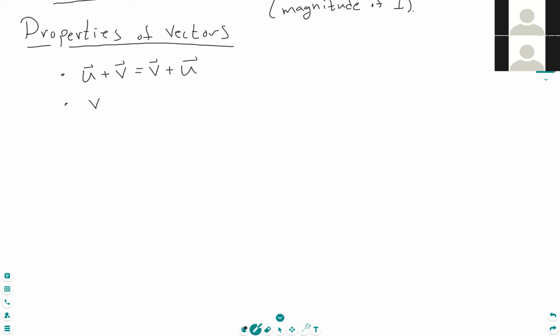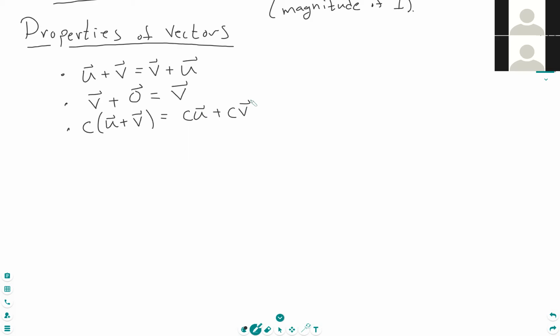If I have v and I add to it the 0 vector, I don't change my vector v at all. If I have a scalar multiplied by the addition of u plus v, I can write this as c times u plus c times v.